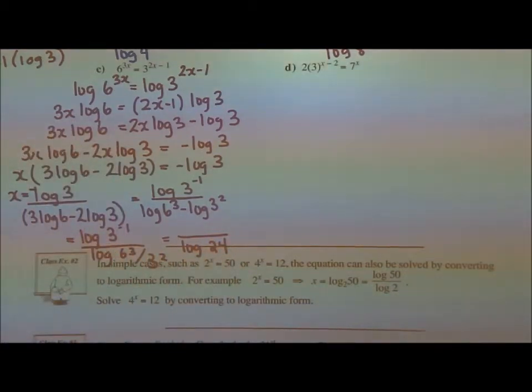And on the top, if I didn't want to have this negative 1 as an exponent, how could I change that? How could I change 3 to the power of negative 1 to make it a positive exponent? What's my power law?